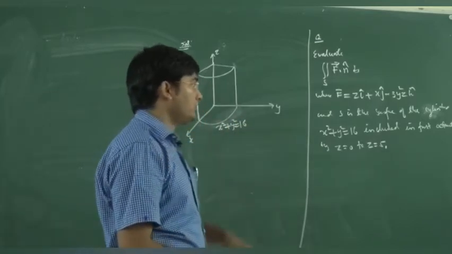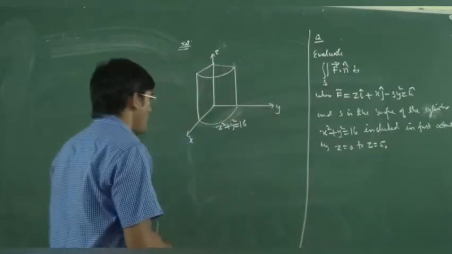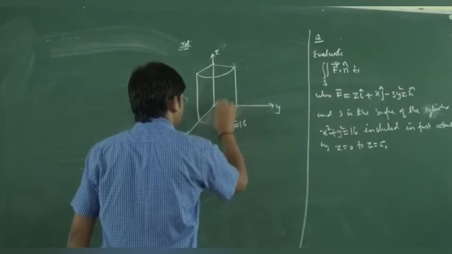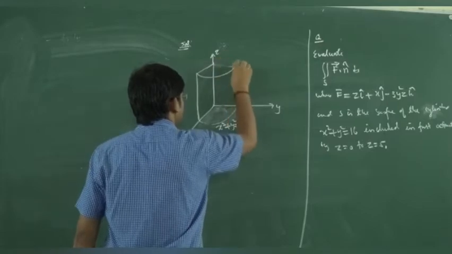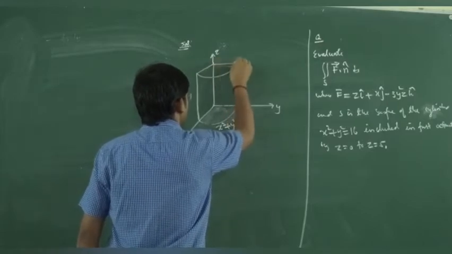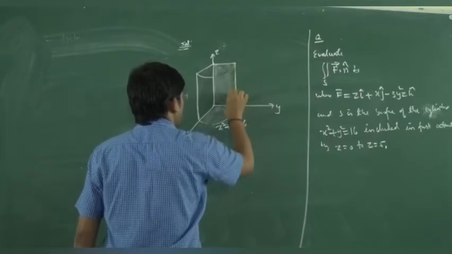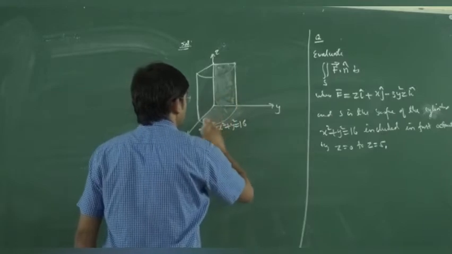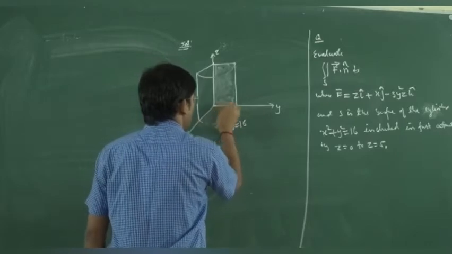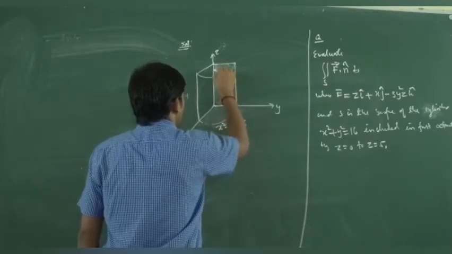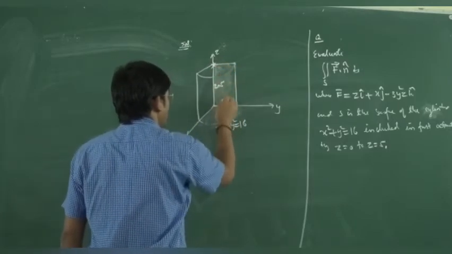As we have to evaluate this double integral for the region included in the first octant, now we have to find this double integral when z is 0 to 5. So here we have z equal to 0 to z equal to 5. This point may be z equal to 5, this line is z equal to 5, and here we have z equal to 0.